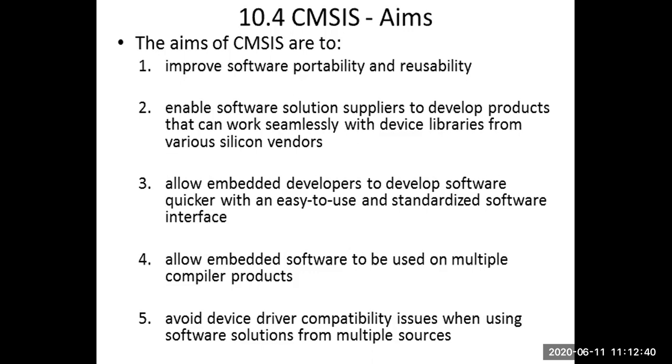This also we saw in the first slide. It was developed for quick application development and also reliability. And the fourth point is to allow embedded software to be used on multiple compiler products. There are different compilers, and compiler means your IDEs. The embedded design engineers can write the program.